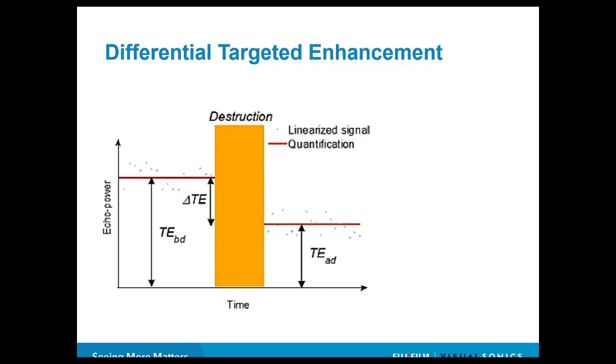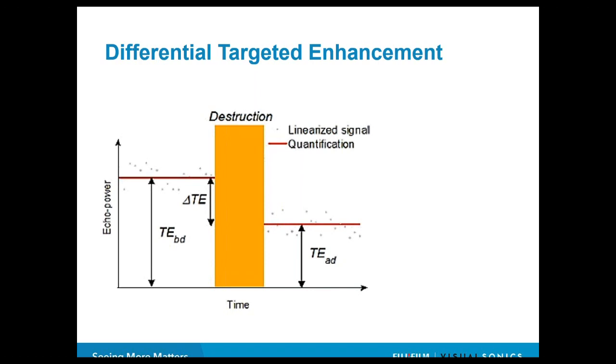And as a last thing, differential targeted enhancement compares the level of ultrasound signal of your contrast agents before and after the destruction pulse. And as you probably remember, before the destruction pulse we have signal from the bound bubbles and from the circulating bubbles, and afterwards we only have the circulating bubbles.